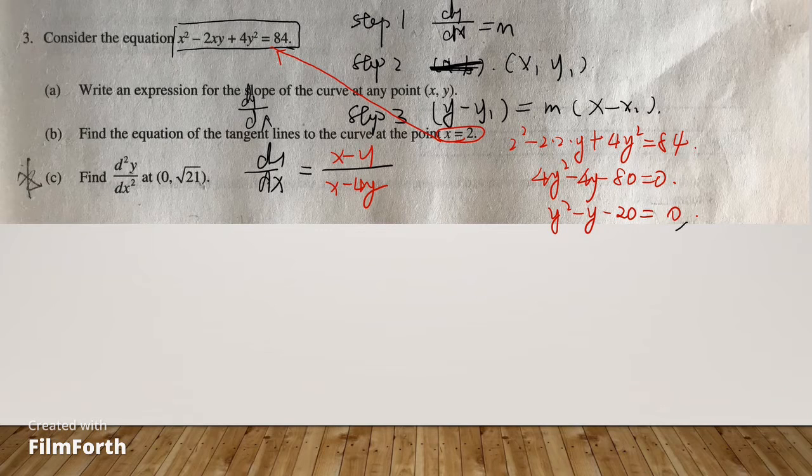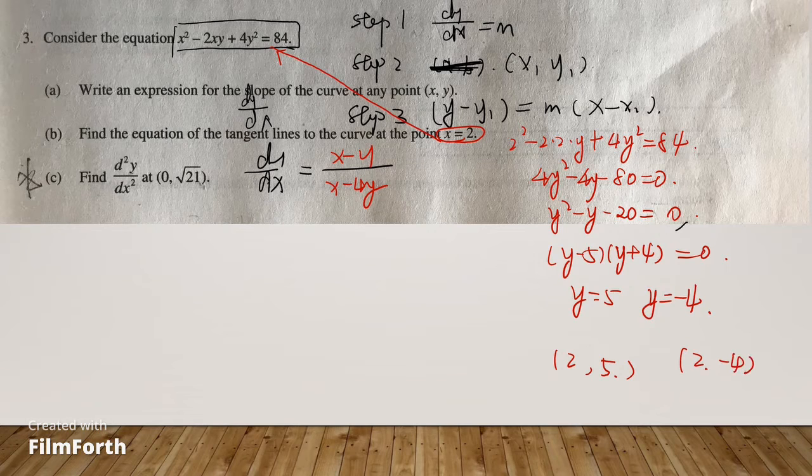So factor, equals 0, and so y equals 5 or y equals negative 4. So we have 2 points here. One is 2, 5, and another one is 2, negative 4. So we will have 2 tangent lines.